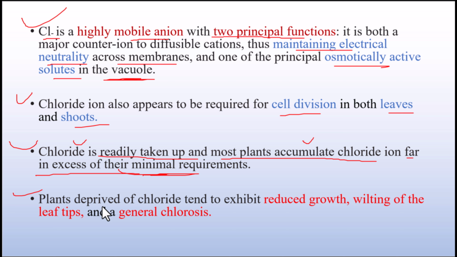Plants showing chloride deficiency exhibit different kinds of symptoms: growth is reduced, wilting of the leaf tips, and a general chlorosis. These are some deficiency symptoms of chloride ions.